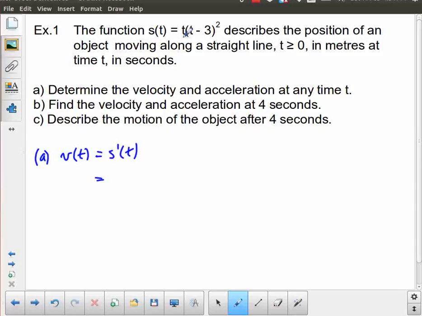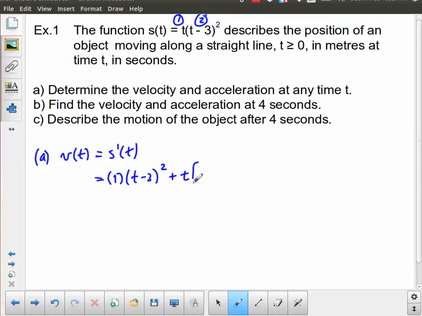So I'm going to apply the product rule. I'm going to treat the t like my first function and the (t minus 3) all squared like my second function. So it's going to be the derivative of the first, which is just 1, the derivative of t, times the second, which is (t minus 3) all squared, plus the first, which is t, and now I'm actually going to have to use the chain rule to take the derivative of the second.